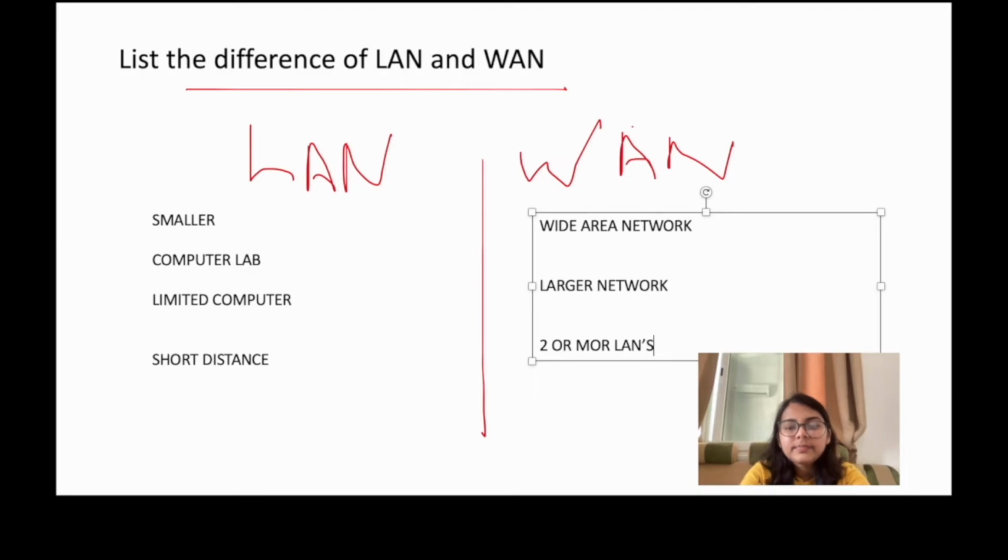The main important feature of WAN is that we can connect worldwide. We can connect any number of computers with the help of WAN, students, and we can connect over a large or long distance. So these are the main differences between LAN and WAN.